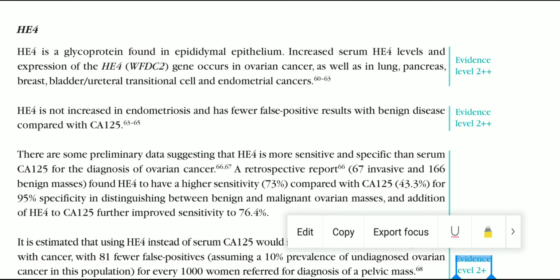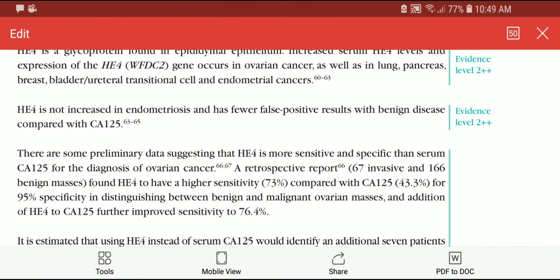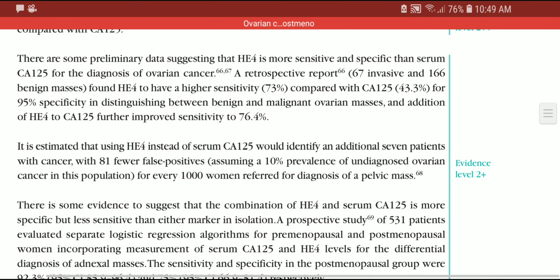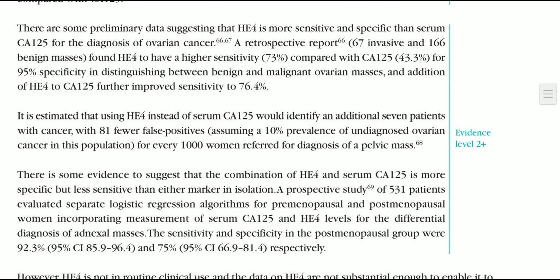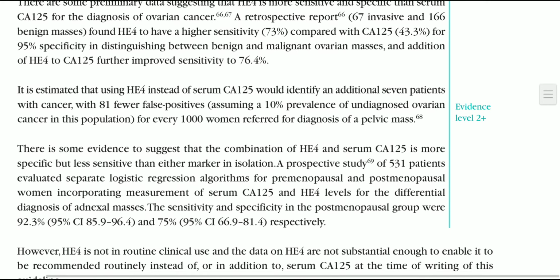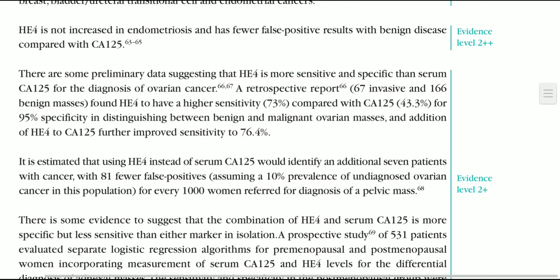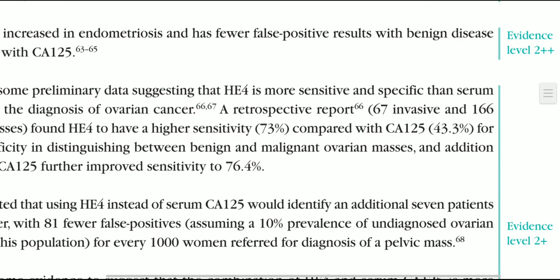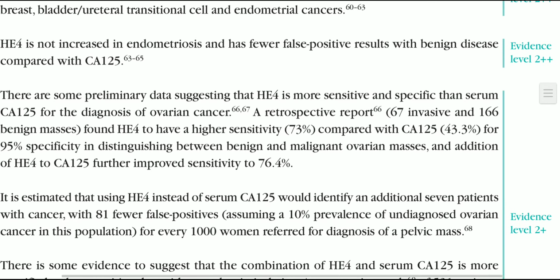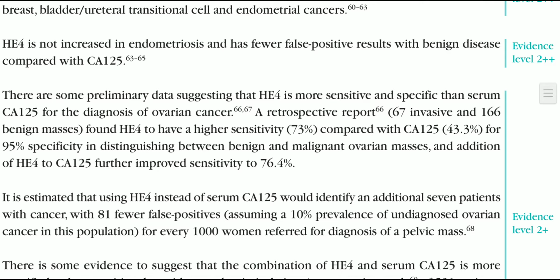Okay, and it's written that a retrospective report once found that HE4 level had a sensitivity of 73% compared to CA-125, which has sensitivity of 43%.